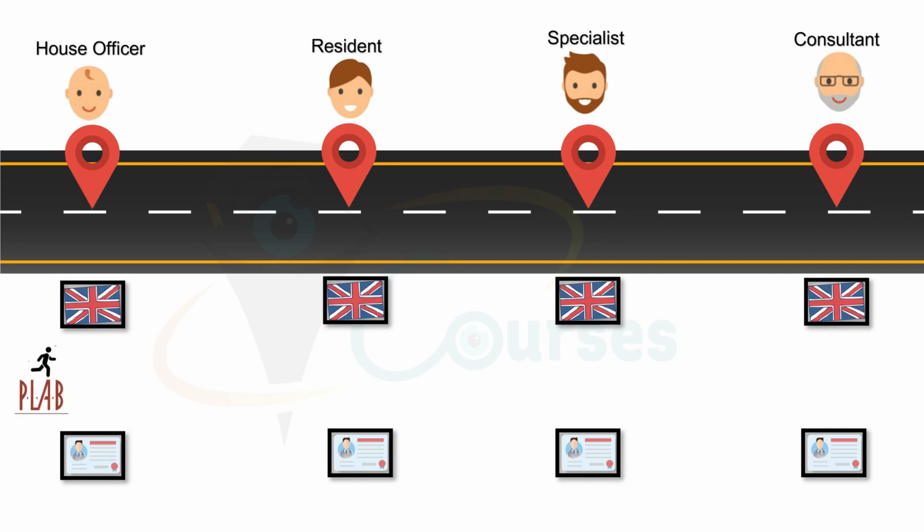This will, for your surprise, not be an ophthalmology postgraduate qualification, because a house officer has no experience, and the UK fellowship exams require a lot of experience actually to pass.